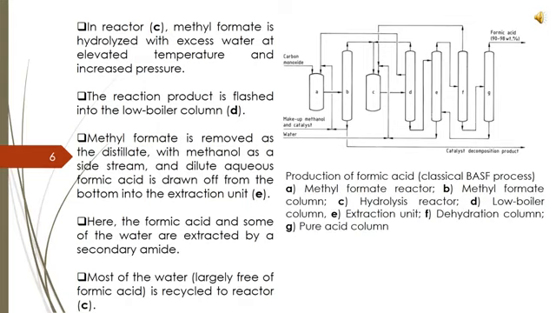These both are collected as distillate, and dilute aqueous formic acid, that is formic acid with excess water, is drawn from the bottom and sent into the extraction unit E. Here the formic acid and some of the water are extracted by secondary amide. Most of the water, with largely pure formic acid removed, is recycled to reactor C.